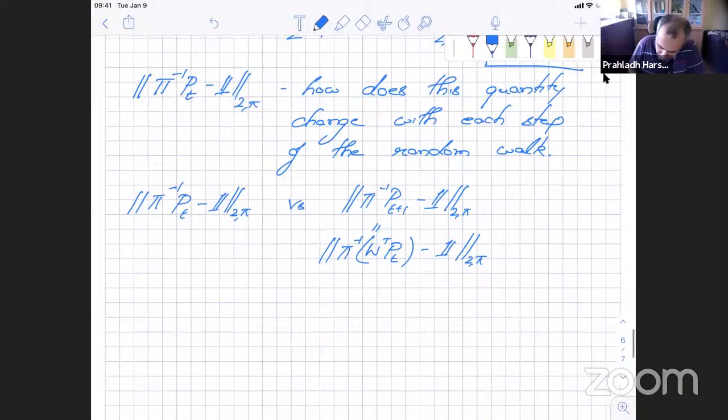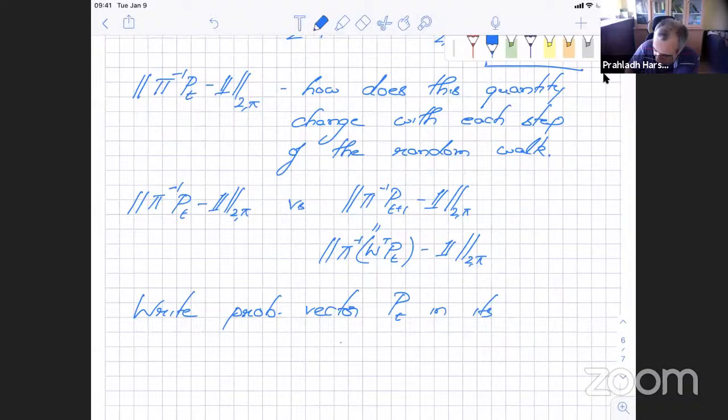So let's write p_t in its eigenbasis. Let's write the probability vector p_t in its eigenbasis.